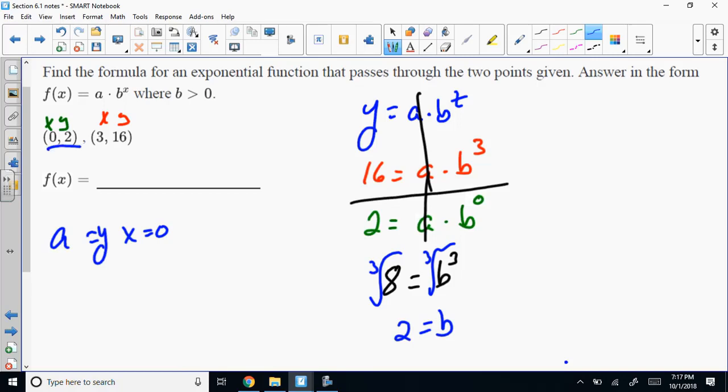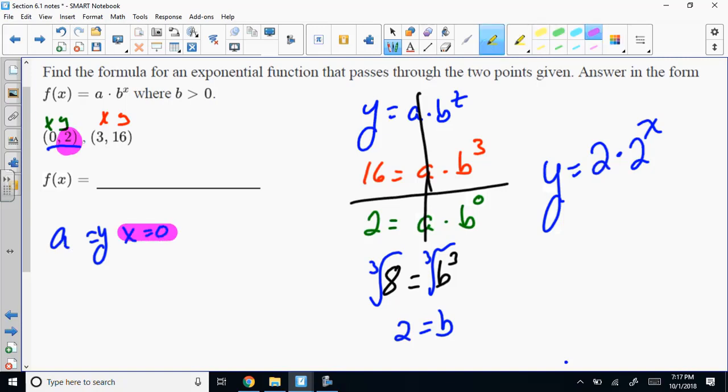So we can go ahead and put it in: 2. 2 is the initial value, because if x equals 0, then a equals y.